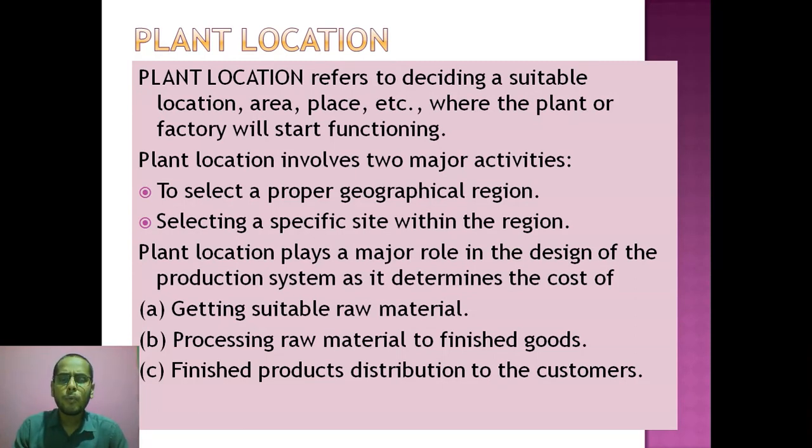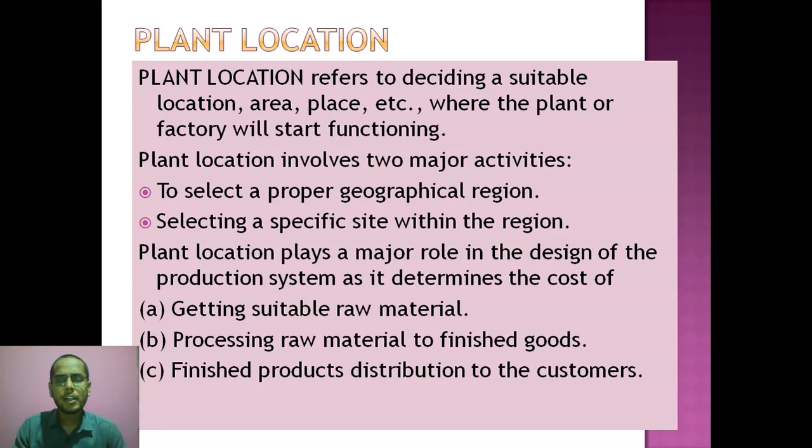What do we understand by this geographical region? The geographical region decides many things like the transportation system, availability of water, and the different resources needed for processing. If we have a good geographical region as per the total need of production, we will have good efficiency of the plant.